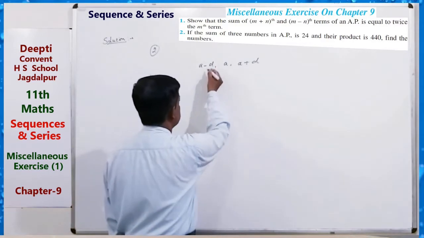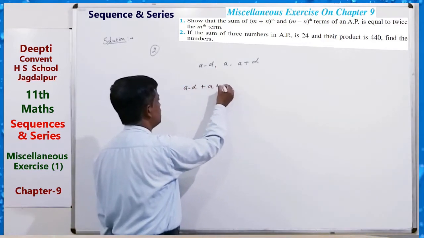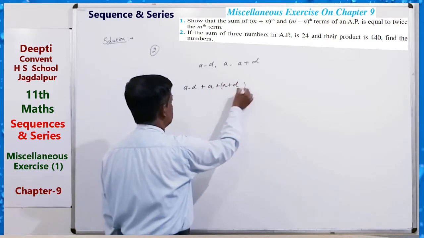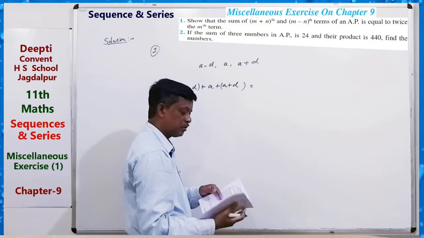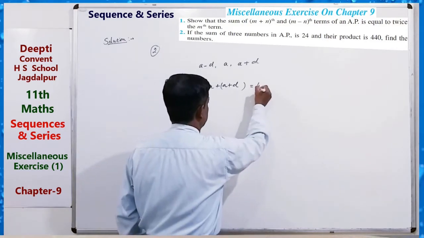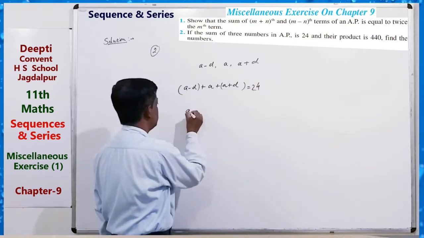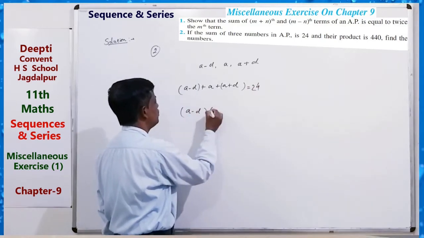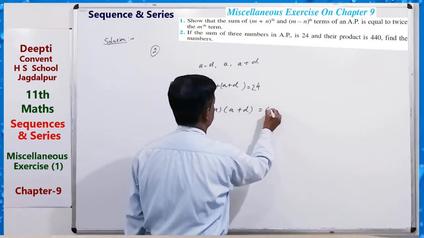Sum of this: A minus D plus A plus A plus D. The sum of this is equal to what is given: 24, product 440. Sum is given 24. Product: A minus D into A into A plus D is 440.